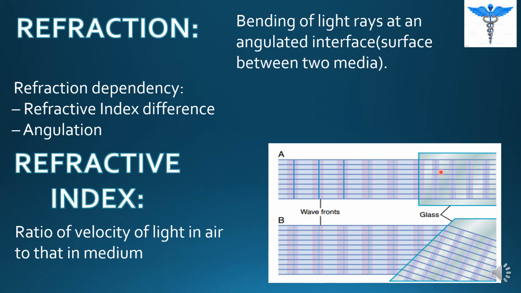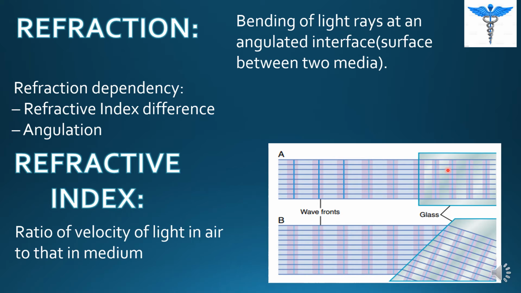So you divide 300,000 km per second by 200,000 km per second, and you get a refractive index of 1.5. If you divide the velocity of light in air by that in any other medium, the value that you get is the refractive index.